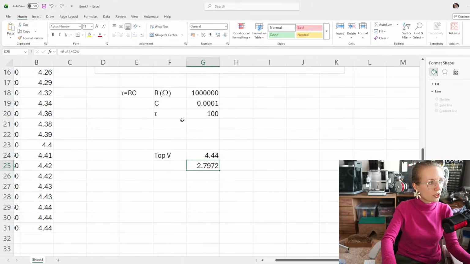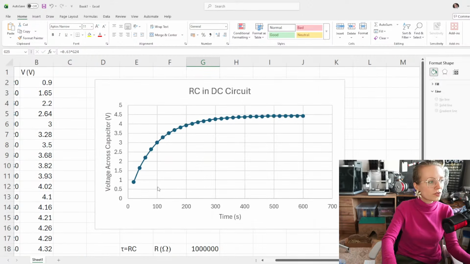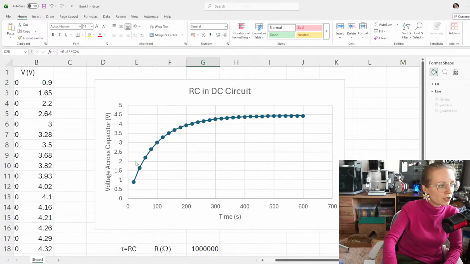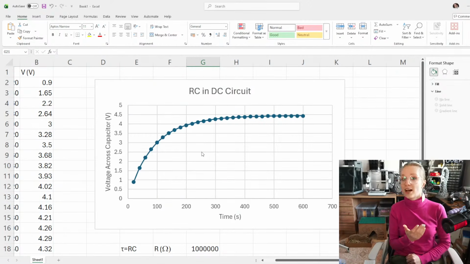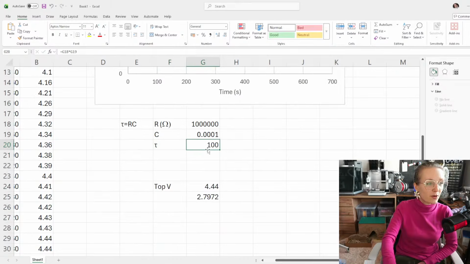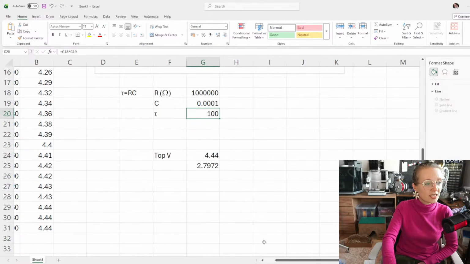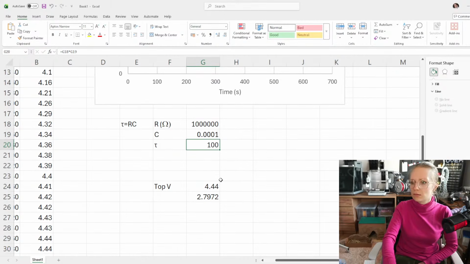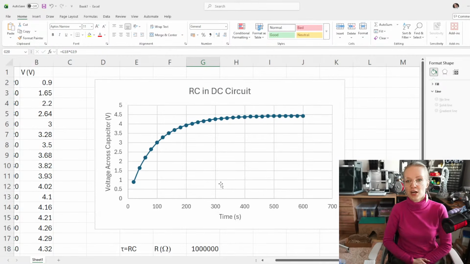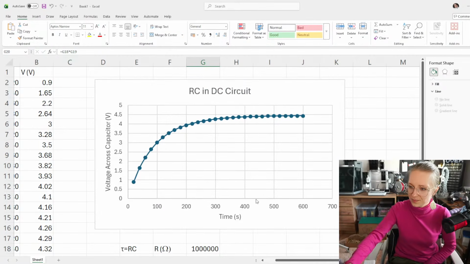This is our voltage. So roughly at 2.8 volts, that should be how much it takes. 2.8 is roughly here. Follow our train track. And when you look at that, it's just under or approximately at 100 seconds. So experimentally, it kind of worked out. We can see that tau is roughly equal to 63% state of charge of our capacitor.